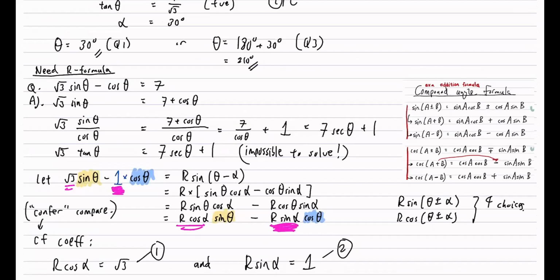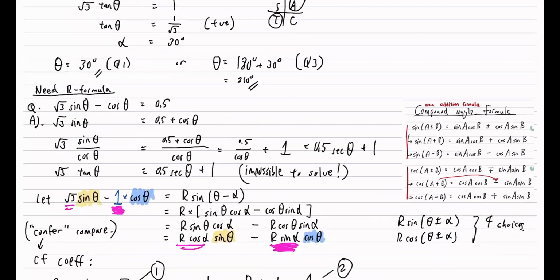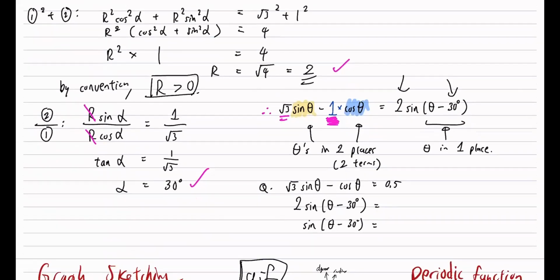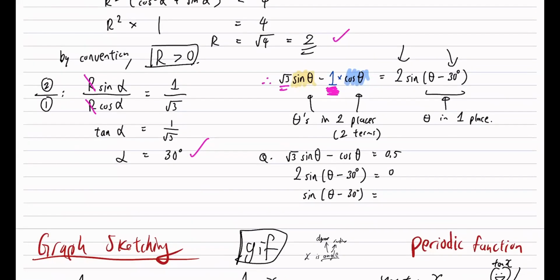Everything else also changed to 0.5. Nothing changes with the R formula. It's just that the 0.5 now becomes 0.5 divided by 2. So it's 0.25.